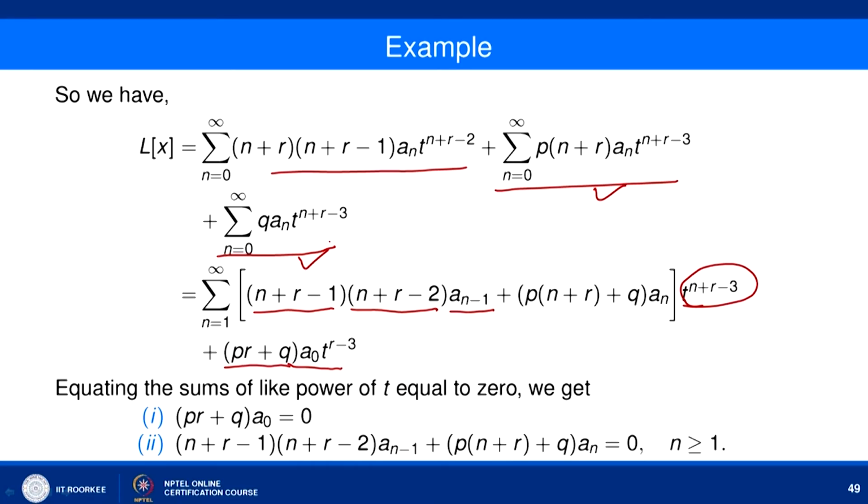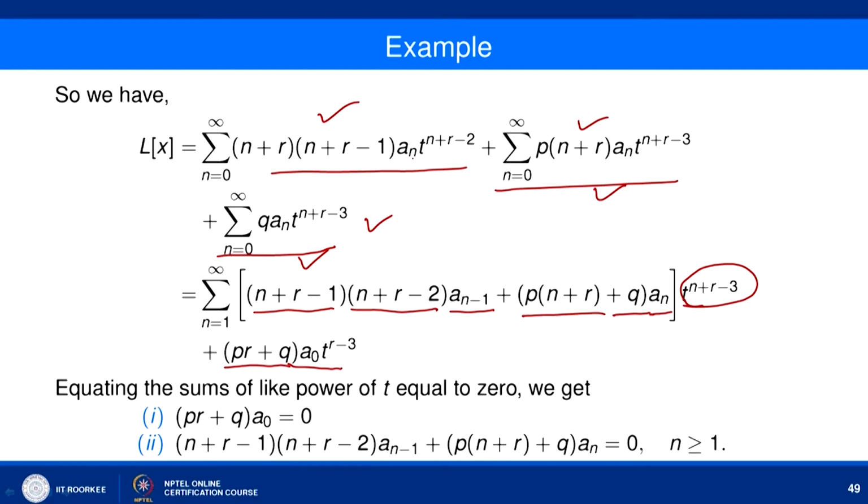Now we want to write a general term, let us say t to the power n plus r minus 3. These two terms are already given in terms of t to the power n plus r minus 3. So p n plus r plus q into a n is already the coefficient of t to the power n plus r minus 3. And from this term, if you want to calculate the coefficient of t to the power n plus r minus 3, you simply replace n by n minus 1.